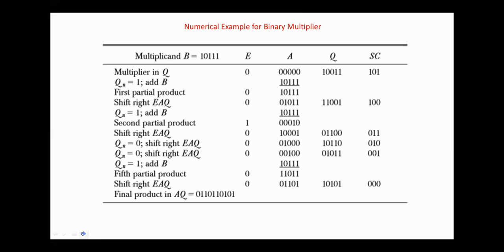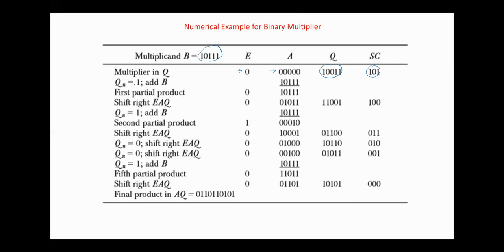Here we have the same example we did using paper and pencil. The multiplicand is stored in register B, the multiplier in register Q. Both register A and the flip-flop are cleared to 0, and the sequence counter is set to the number of bits in the multiplier, which is 5 here.